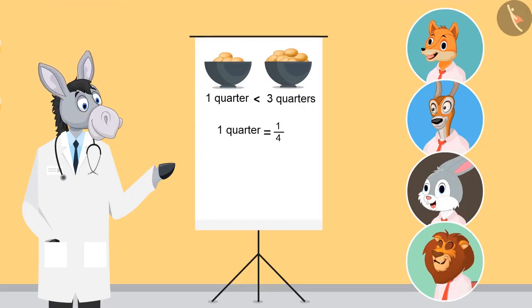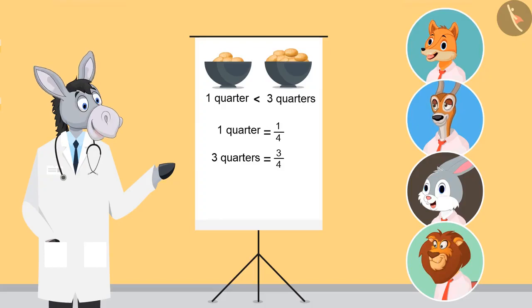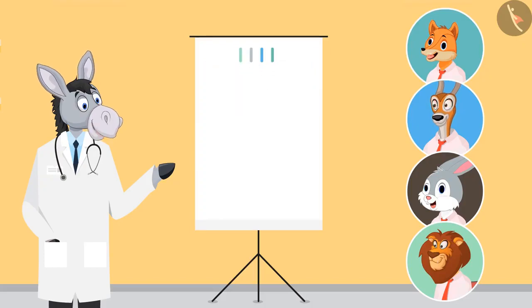Yes, Dr. Uncle. So now can you tell me how to write 3/4? 3/4. Is it right? Absolutely right. Now look at these 4 same-sized wood logs. Now can you guess their different numbers in relation to these 4 woods?